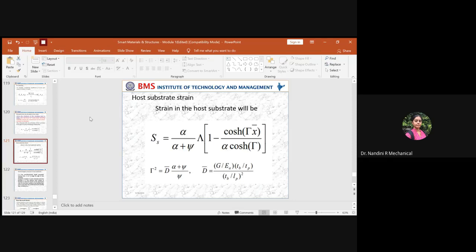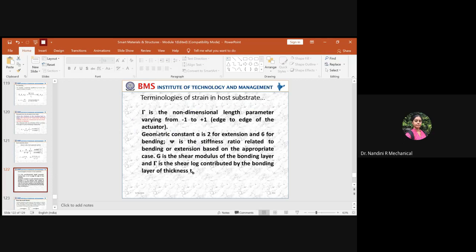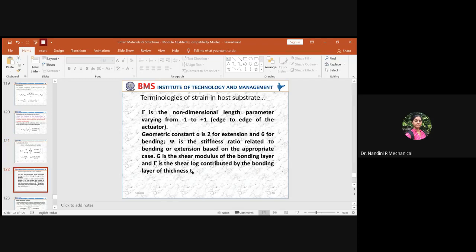If they ask you what is the induced strain to actuation strain ratio with respect to the bonding layer, you should be able to give this strain equation across a piezo element, which is equal to the piezo constant, the geometric constant whose value varies depending upon either extension or bending, the stiffness ratio, and the shear lag value we use. It is not of so much importance. I'm just telling you what you have to understand. Basically, it is a very simple part of your syllabus.